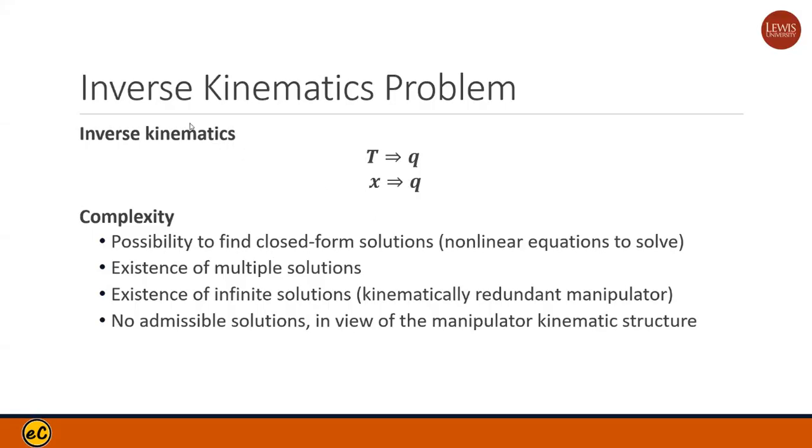So basically, the inverse kinematics problem is going from X to Q. The possibility of finding a closed form solution is there, but very difficult. And multiple solutions exist: for one location you may have 2 or 3 different ways to tune your robot. For example, a planar robot.